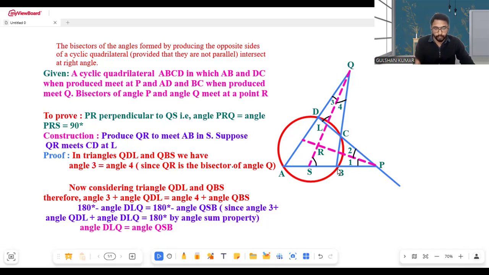That will be both the triangles, and angle QLD equals angle PLS, because both are vertically opposite angles. That is PLS and DLQ, both are equal.